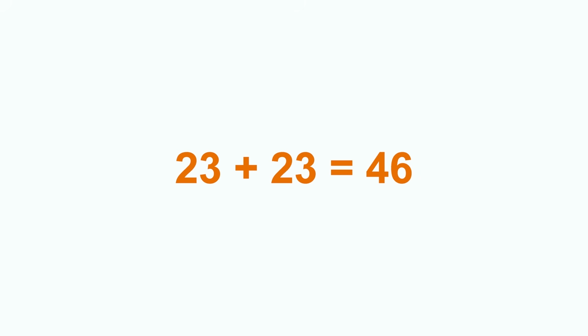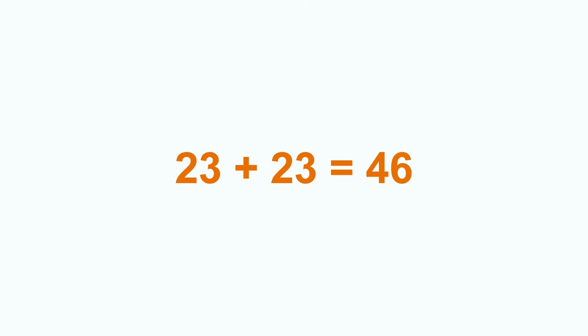So one sperm cell has 23 chromosomes, and one egg cell has 23 chromosomes. And we know that 23 plus 23 equals 46. These are the only cells in your body that do not have 46 chromosomes.